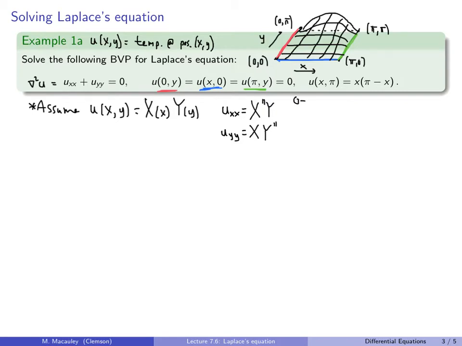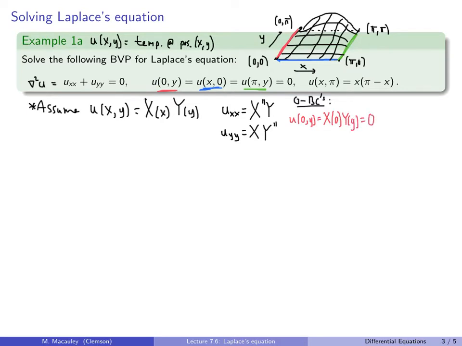Okay, so this is my own terminology. This is not something you're going to see in a book, but I like it. So this first one is this thing here. So u of 0, y equals 0. Let's write that down. So u of 0, y is capital X of 0 times capital Y of y, which is equal to 0.